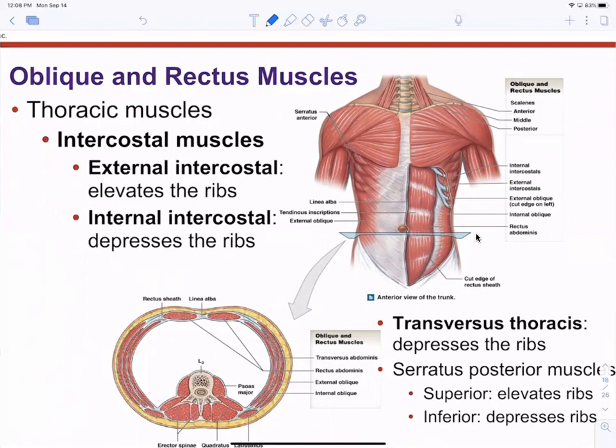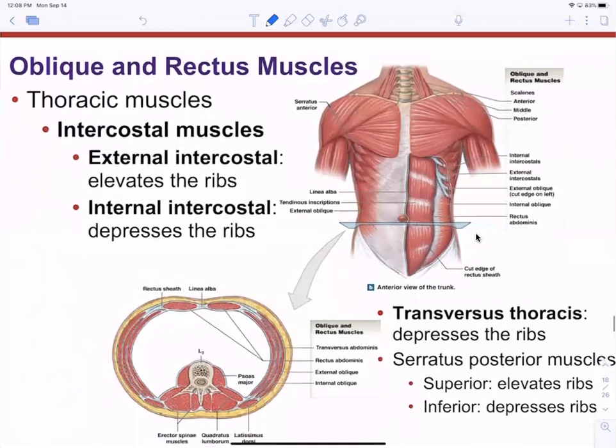On the front or anterior, you're going to have the abdominal muscles that we're going to focus on. The intercostal muscles are for breathing. And the external intercostals elevate the rib for inspiration of air. And internal intercostals depress the ribs for expiration of air when breathing.